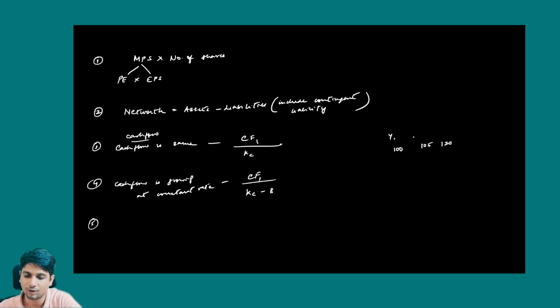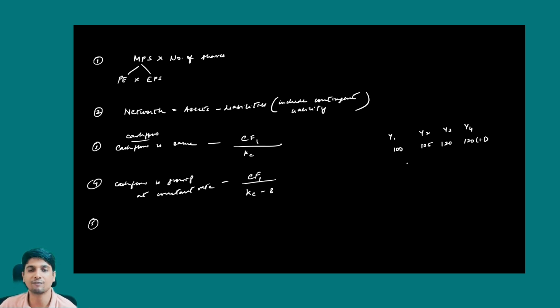Okay, y1, y2, y3, and from y4 onwards you see a pattern. Okay, that it is growing at the rate of 10%. So 120 into 1.1, and y5 and all, it will be 120 into 1.1 whole square, y6 will be 120 into 1.1 whole cube and all.